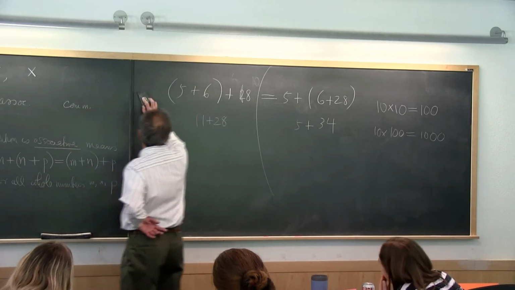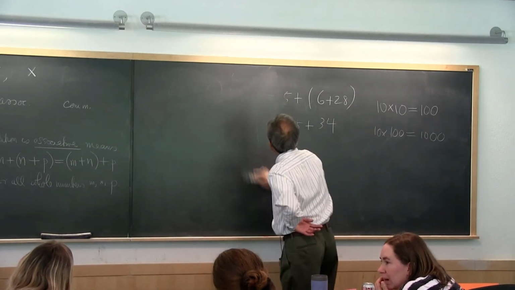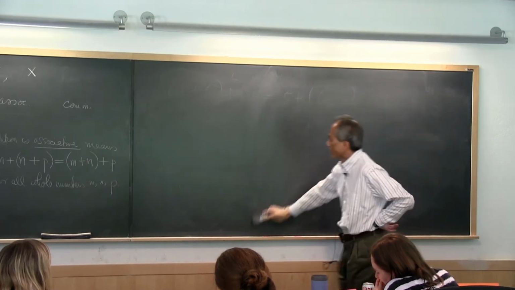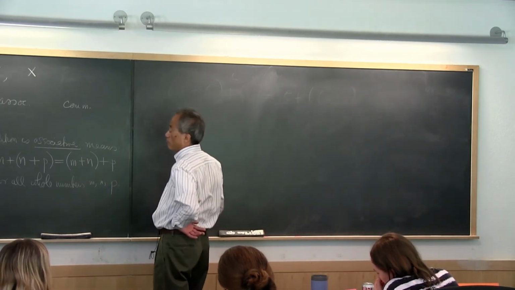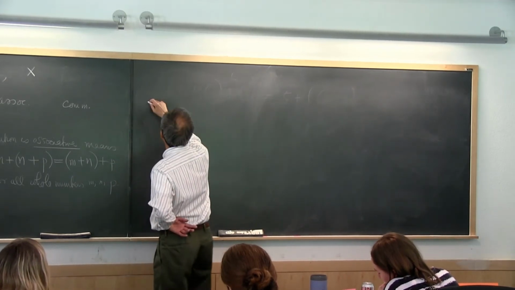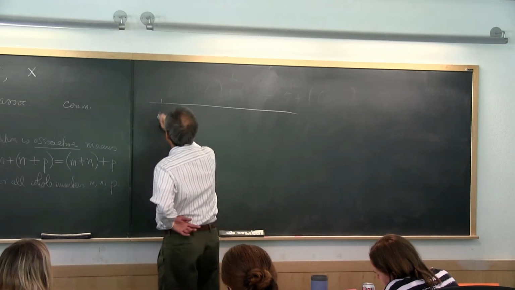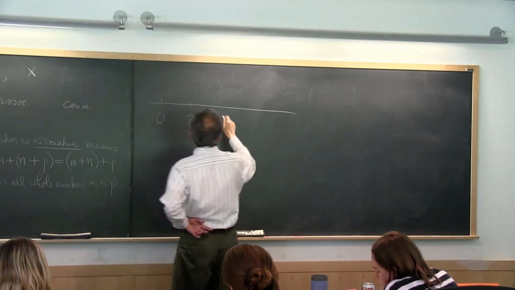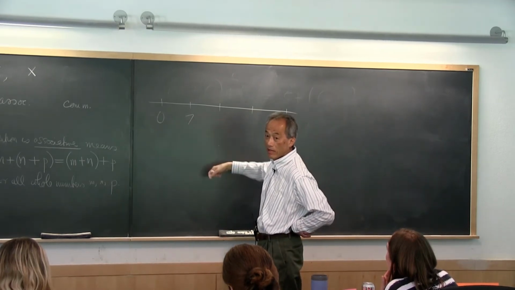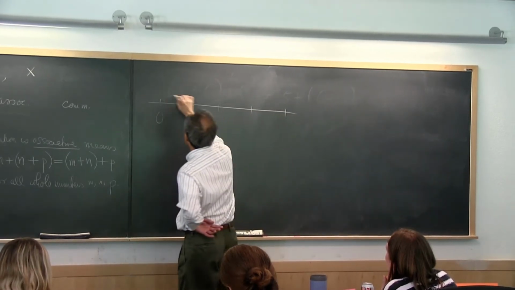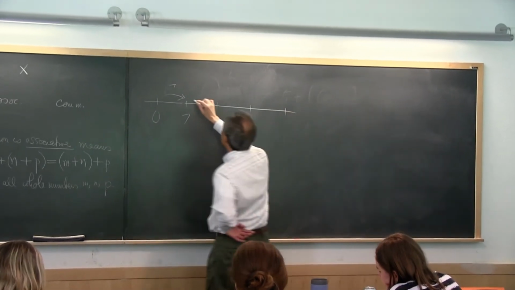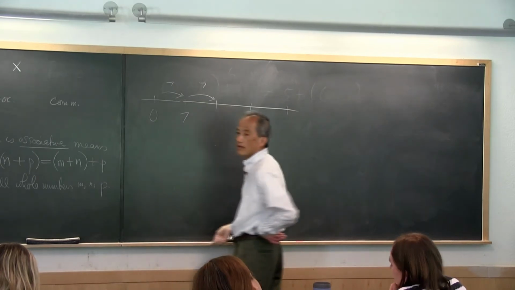What does addition in terms of number line mean? Okay, so let's look at 0, 7. You count to 7, so this is 7 steps, and then 7 steps again, 14.